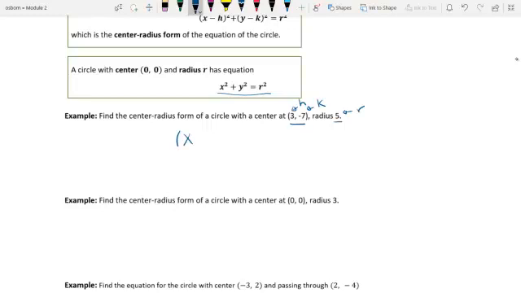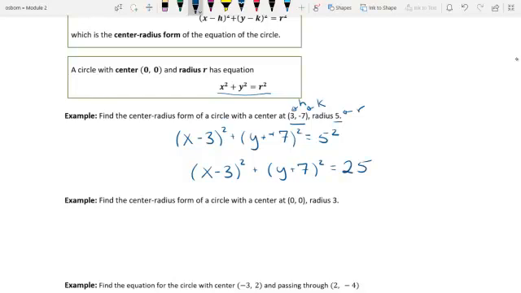So I have (x - 3)² + (y - k)², so if k is -7, that turns into plus a positive 7, squared, is equal to 5 squared. Alright, so I can simplify this as (x - 3)² + (y + 7)² = 25.